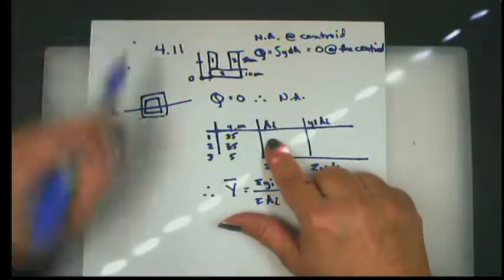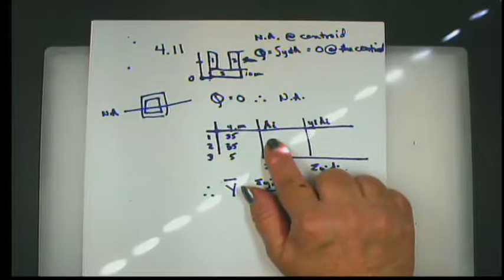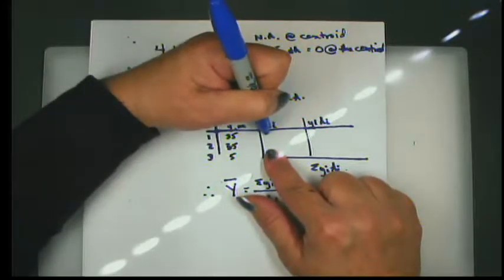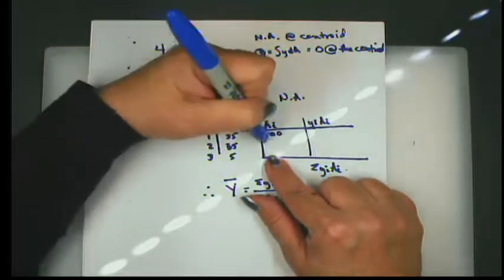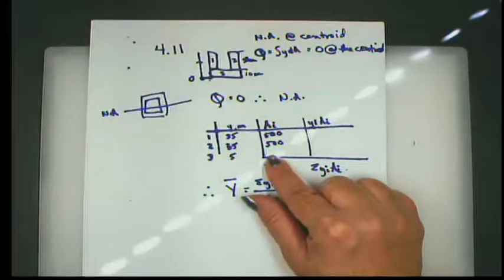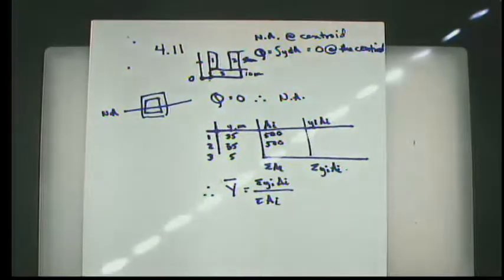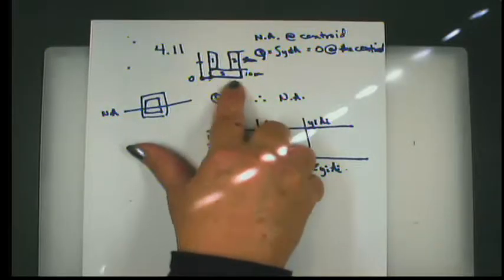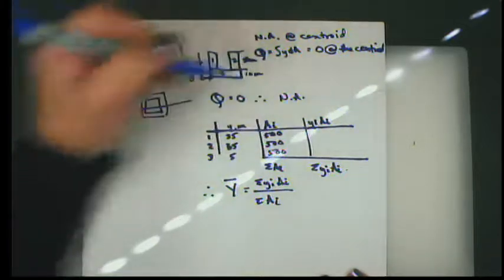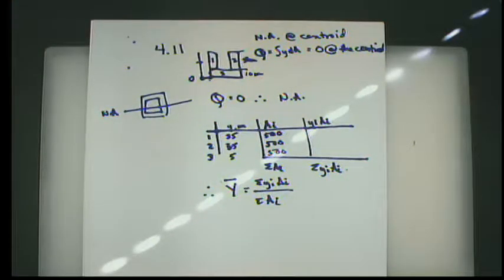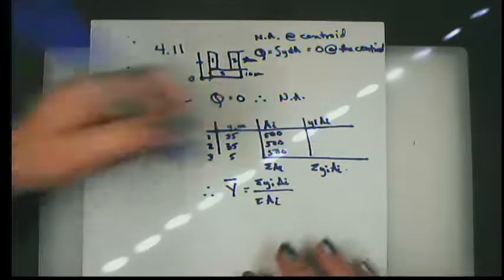The area of 1 is 50 times 10, or 500, and similarly for 2. And the bottom piece, the way I have it drawn, is 50 across, 50 times 10, it's also 500. Okay? So I have 35 times 500 is 17,500.